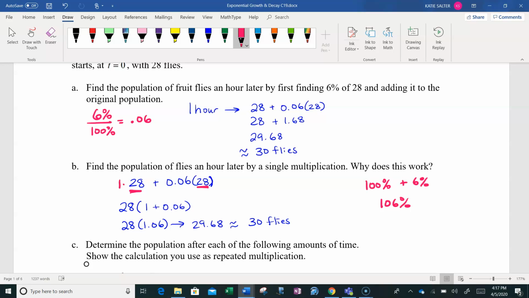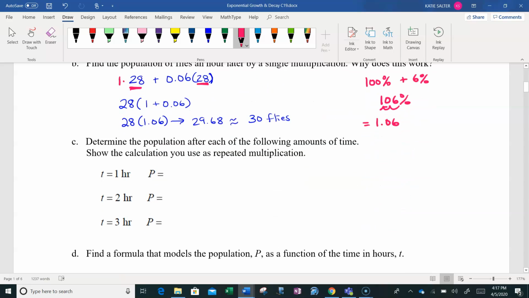When you then change that to a decimal, because you divide by 100, it moves the decimal 2 places to the left. So that makes the multiplier 1.06. The 1 holds the original amount there, the 28, and the 0.06 adds the percent growth to it. So instead of doing all these steps, we can do this with a single multiplication.